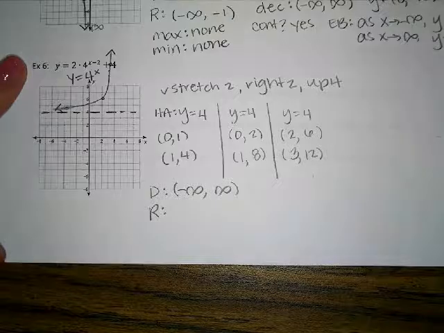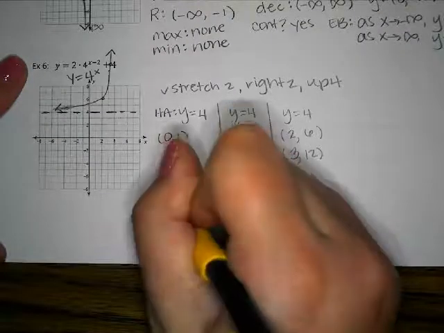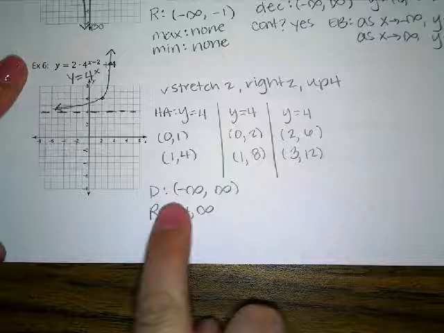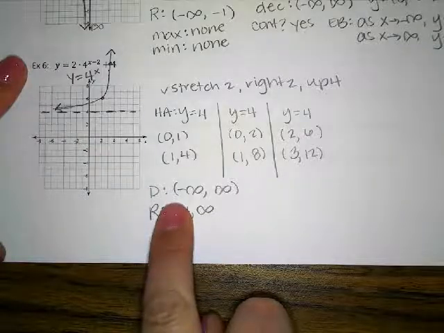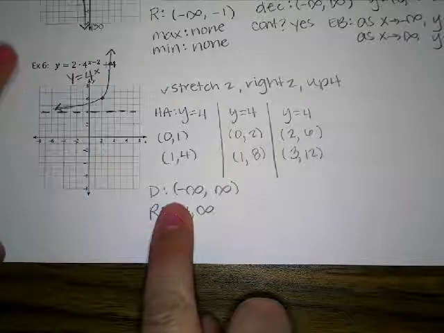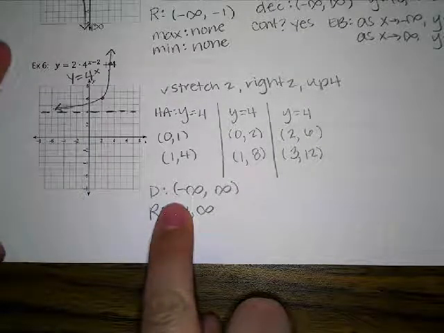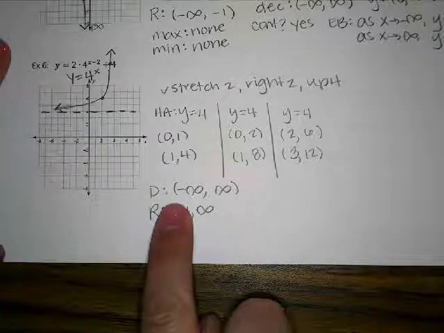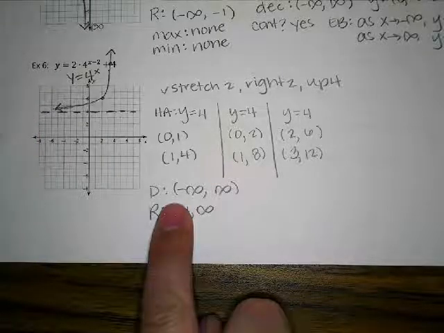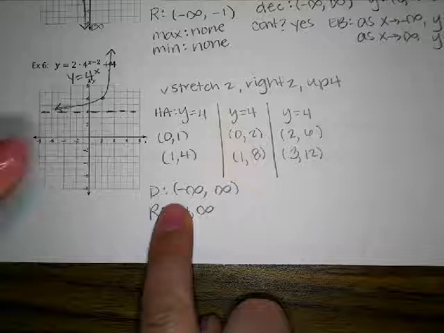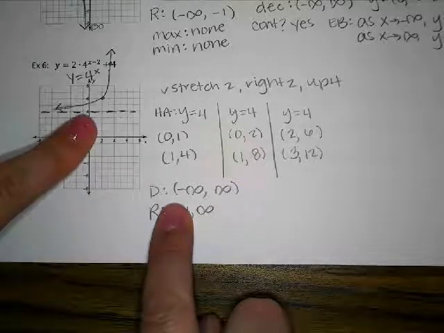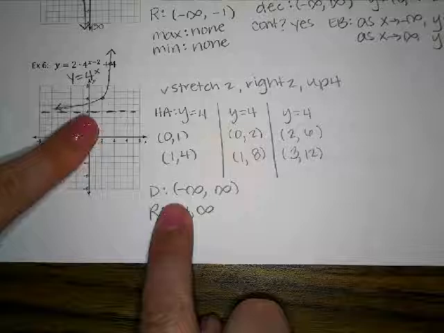Does the 4 have a bracket or a parenthesis? Can you show me where the 4 is, where it equals 4 exactly? For these particular graphs, yes. Now, does the graph touch 4 or not touch 4? Does not touch 4, so it gets a parenthesis.